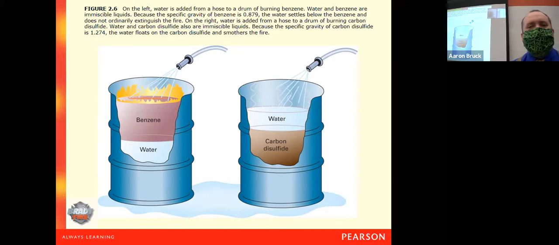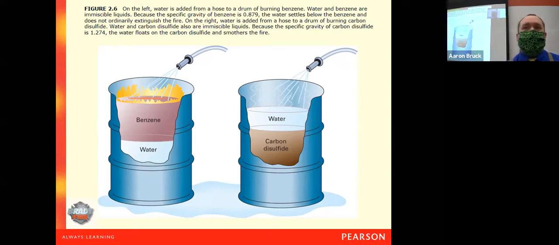But other kinds of organic materials aren't quite so lucky. Take, for example, our benzene and our carbon disulfide. Now, if either of these were in a controlled container and on fire, what we would see is that the benzene would not be able to be controlled by water. And the primary reason why, benzene has a lower specific gravity than water does, so it will float on water.